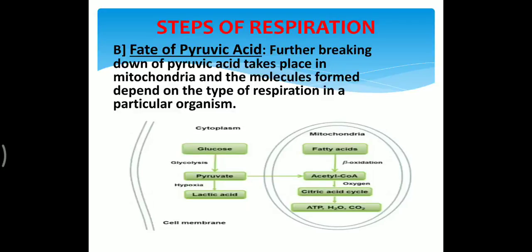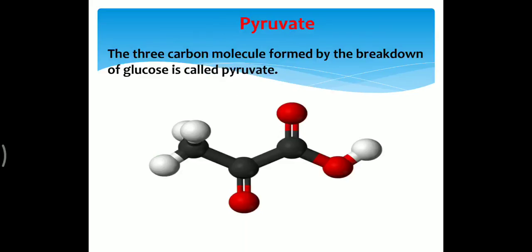See, in cytoplasm, glucose becomes pyruvate, and then lactic acid is released. That I will tell you in detail. Whereas in mitochondria, fatty acids, acetyl, then citric acid, and oxygen is used. Carbon dioxide is released, water is released, and ATP, adenosine triphosphate, the energy, is released.